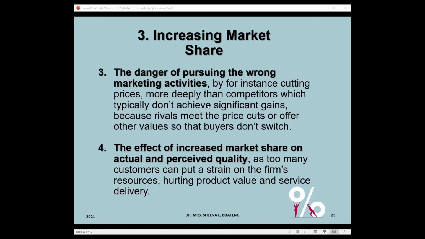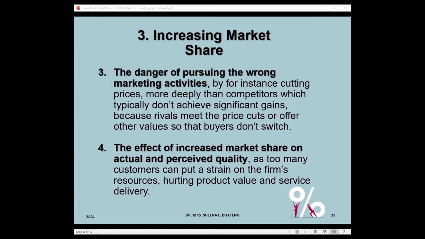And therefore, the customers would not want to switch to the market leader, thereby defeating their entire purpose for going on this price cutting activity. So the firm, being the market leader, has to be cognizant of the danger of pursuing the wrong marketing activities, all in an effort to expand their market share.